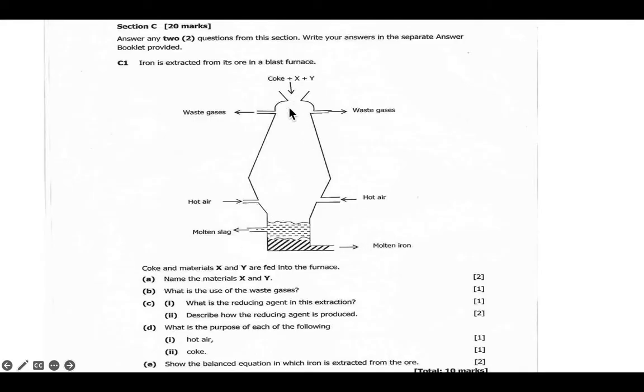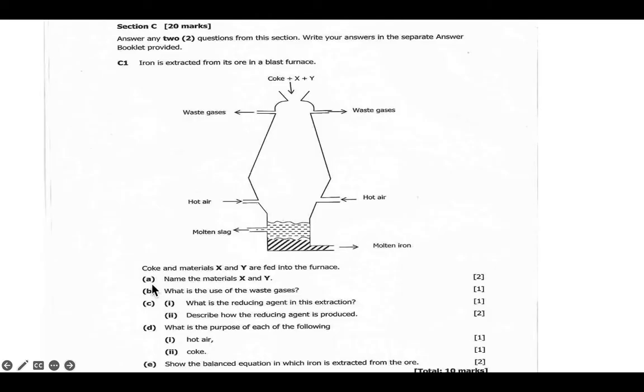And then on top of the hot blast furnace, they put some charged materials. So we have coke, we have X, which is limestone, and then we have Y, which is hematite. Okay, so the examiner gave questions. Coke and material X are fed into the furnace.